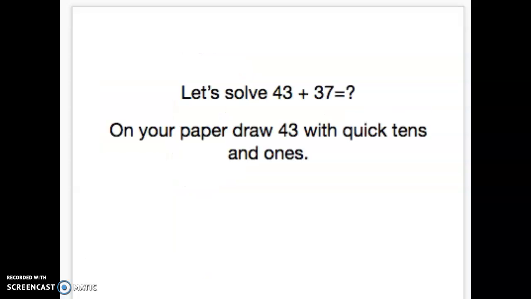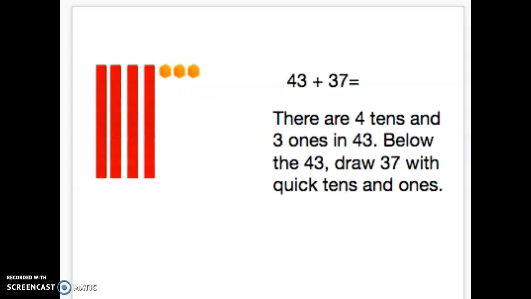Let's solve 43 plus 37. On your paper, draw 43 with quick tens and ones. In the number 43, there are 4 tens and 3 ones. Here are my 4 tens and 3 ones. Below the 43, I want you to draw 37 using your quick tens and ones.